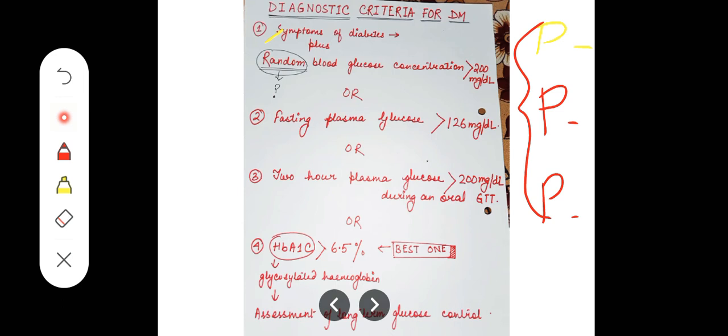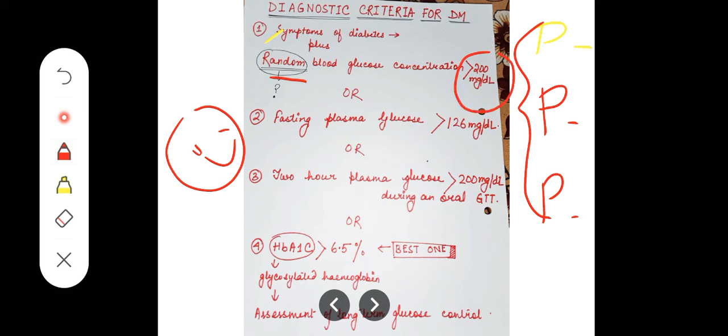Okay, so before I move on to the third point, I want you all to imagine a situation. Suppose you are all sitting in an OPD where you get a patient. You're putting on apron and stethoscope and you're sitting in an OPD, and suppose you get a patient who has the symptoms of diabetes as discussed earlier, and the blood report is showing random blood glucose concentration is less than 200 mg per dl.